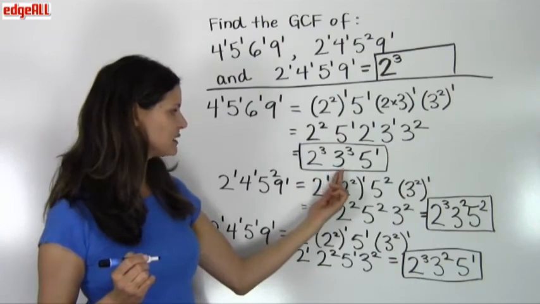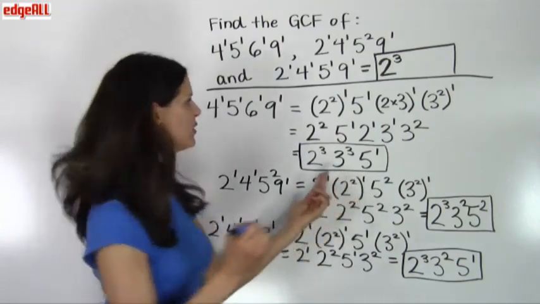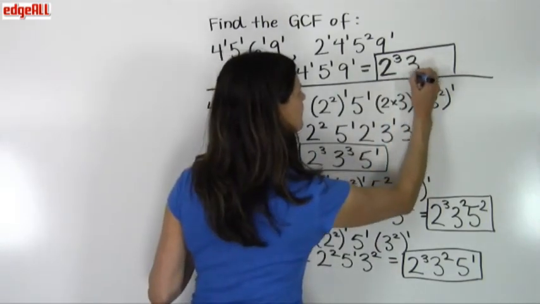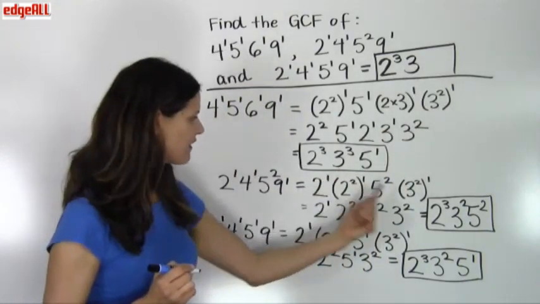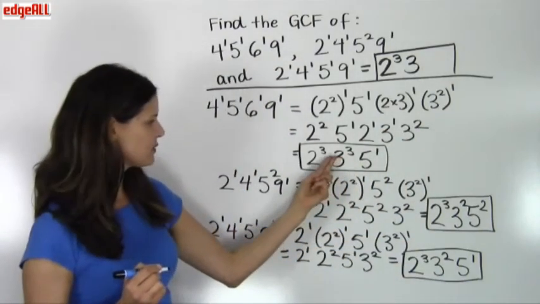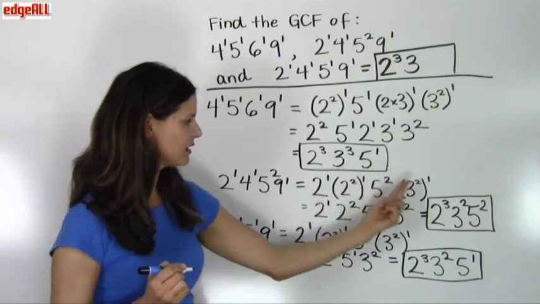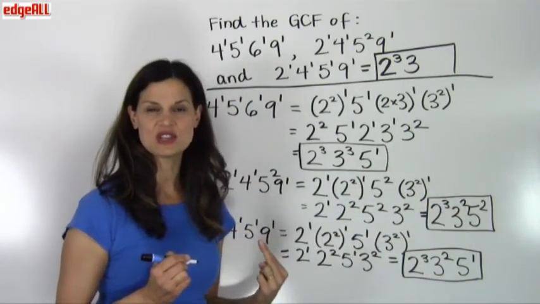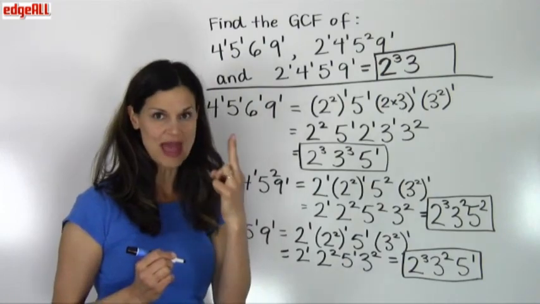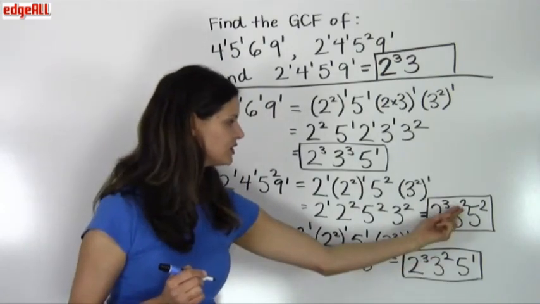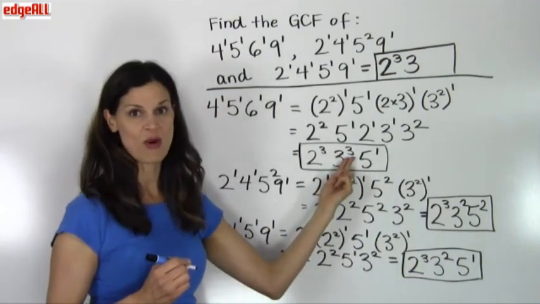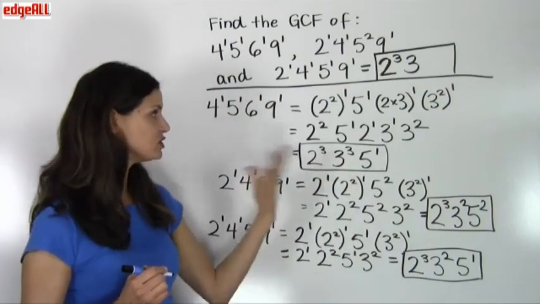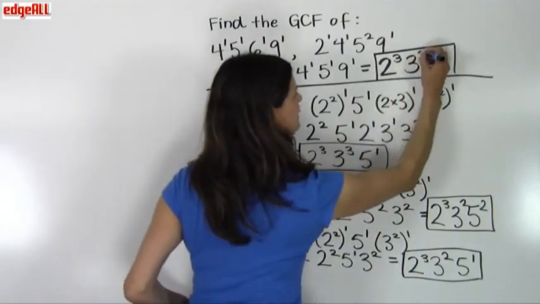Now I move to my next prime factor, which is 3. For my prime factor 3, this one has to the 3rd power, this one to the 2nd, and this one to the 2nd. But they all 3 have 2 powers of 3 that they share.